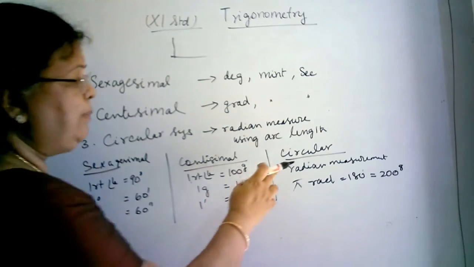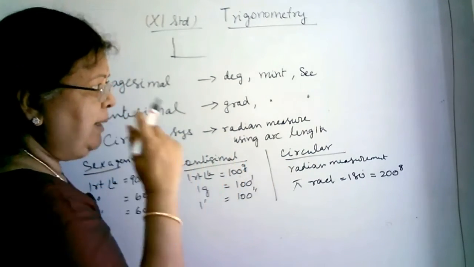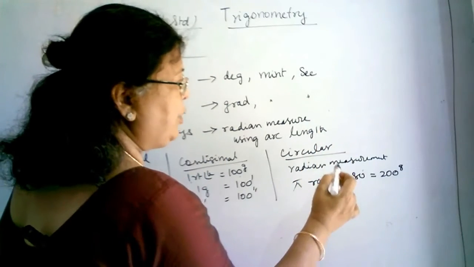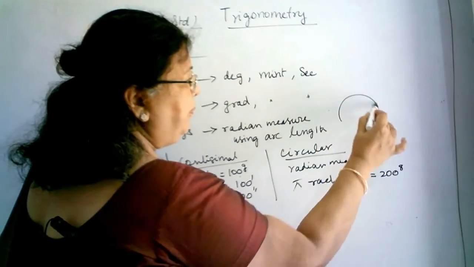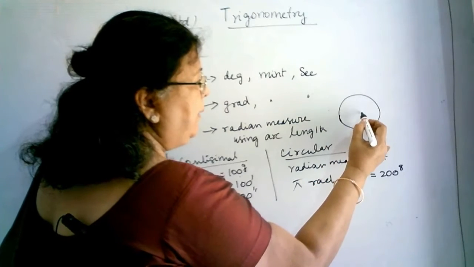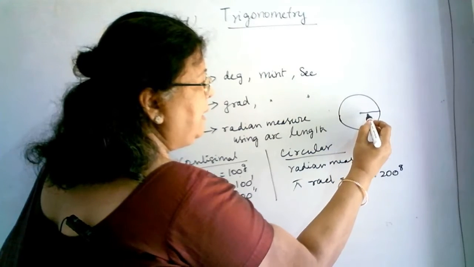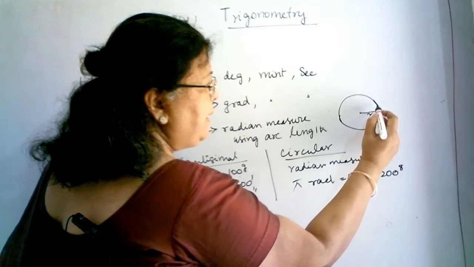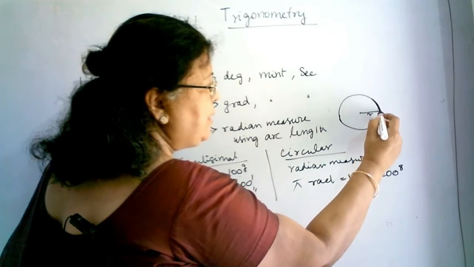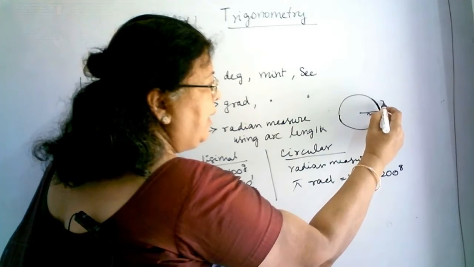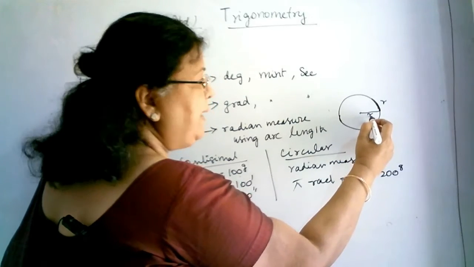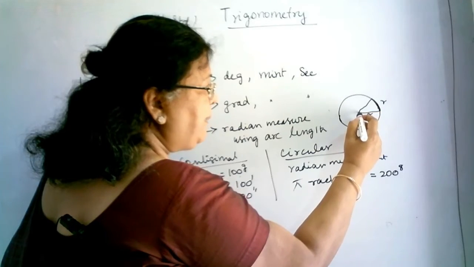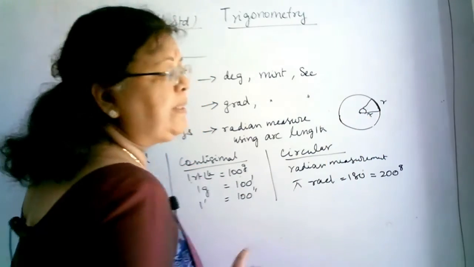In the circular system, you have the radian measurement. Say this is a circle, this is a radius, and this is the arc length. When the arc length is equal to the radius, the angle subtended at the center is known as 1 radian.